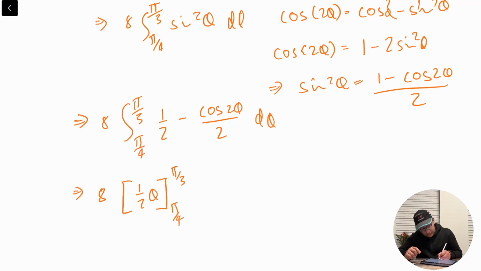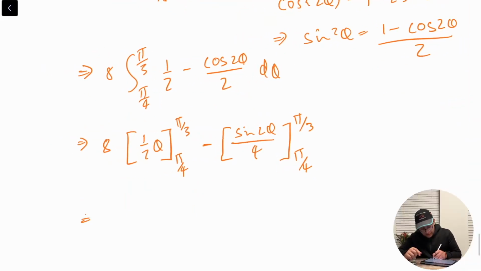And then minus, cos 2 theta will integrate to sine 2 theta divided by 2, so this becomes divided by 4, evaluated from pi over 4 to pi over 3, right?